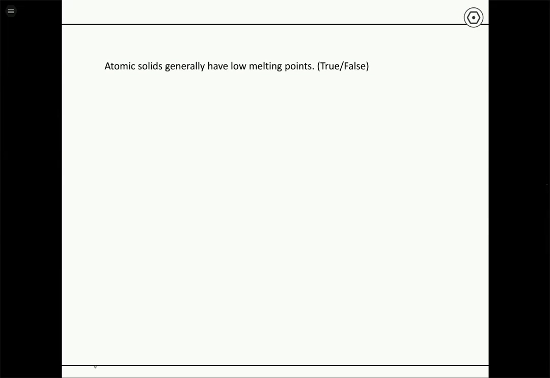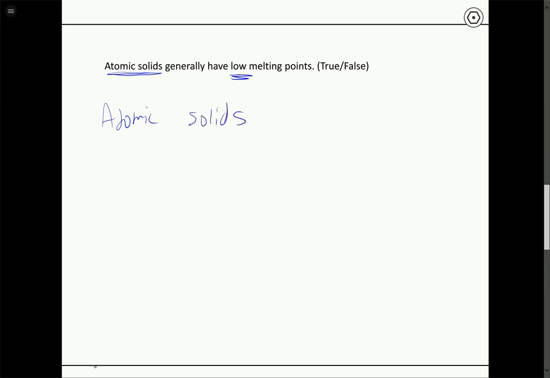And then the next true-false question had to do with atomic solids, and it says atomic solids generally have low melting points. Now, atomic solids, we haven't really maybe used this terminology a lot in class, there's two types of atomic solids. There's going to be metallic solids, which we just talked about. And then the other type of atomic solid would be a network covalent solid.